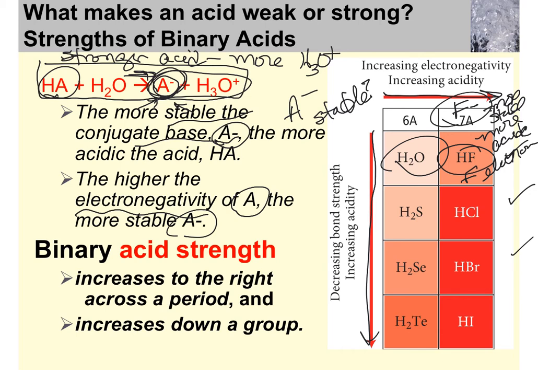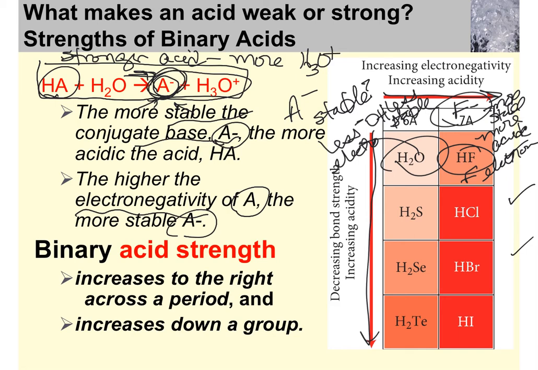Okay, so let me say it from the perspective of water. Oxygen is less electronegative than fluorine. Therefore, the hydroxide anion, if it were to dissociate like an acid, is less stable, and therefore H2O is less acidic than hydrofluoric acid.